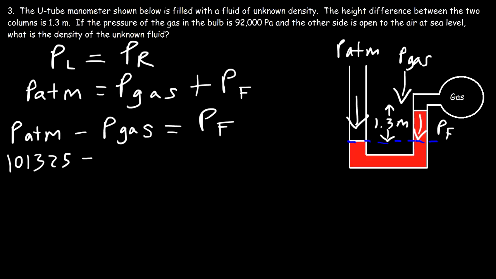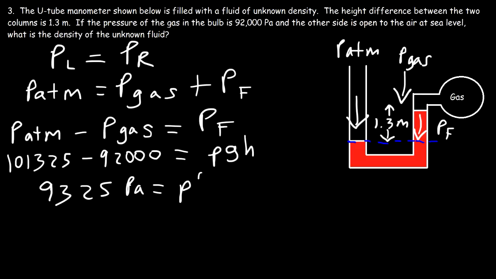And the gas pressure, that's 92,000 pascals. And the pressure of the fluid, which is basically the gauge pressure, that's going to be the density of the fluid times g times h. Now 101,325 minus 92,000, that's going to give us a positive value of 9,325 pascals.